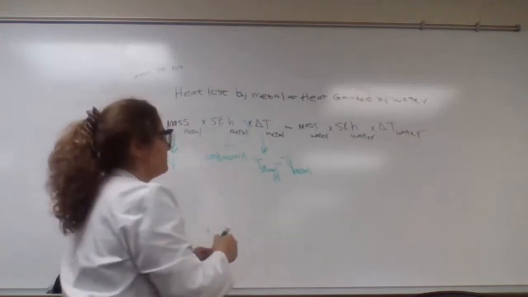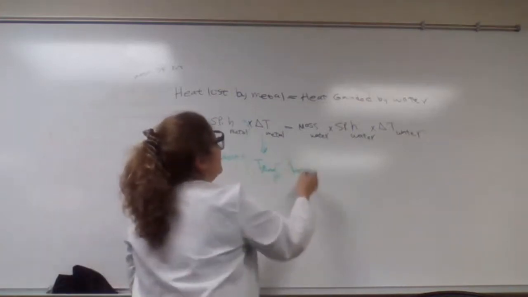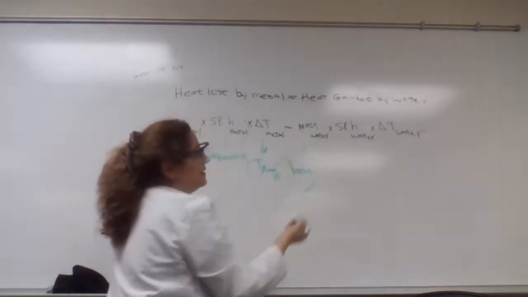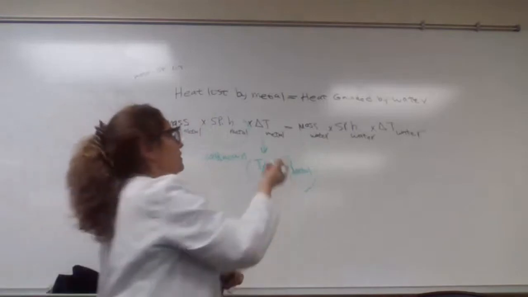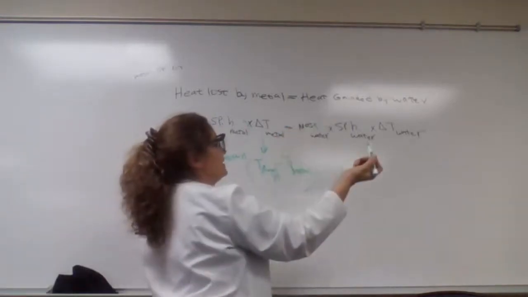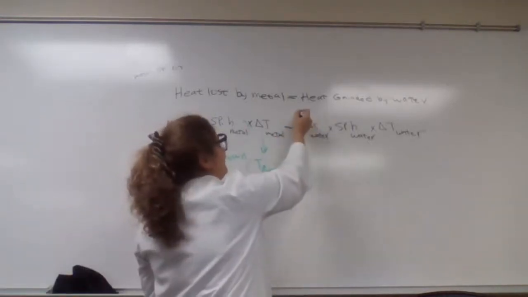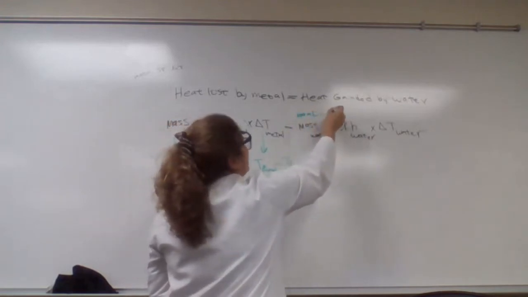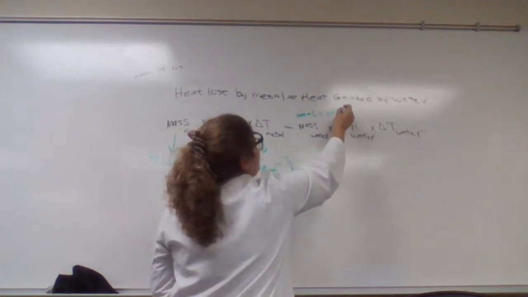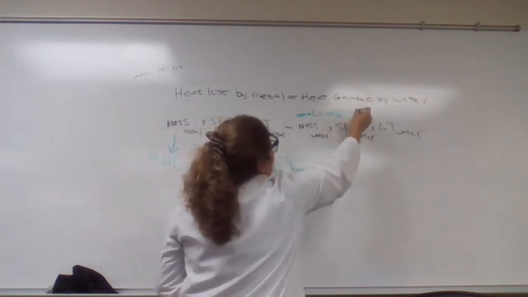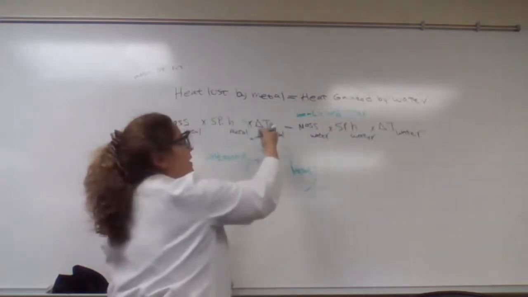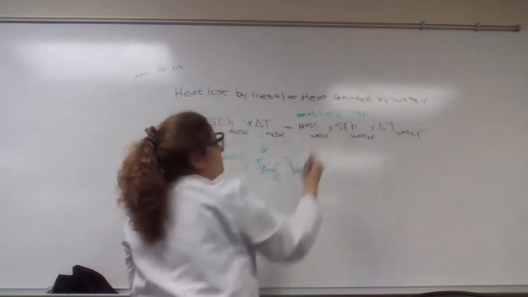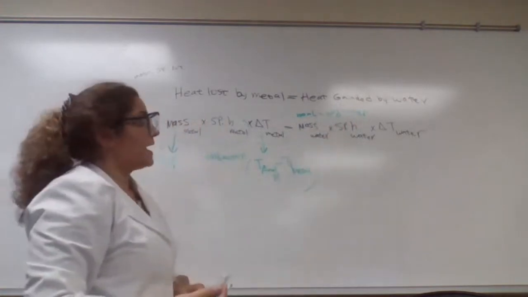So we find this for the metal. Mass for water: since we know the density, and we did use the density last class, if we use 100 milliliters of water, that is going to be 100 grams of water, right? Why does 100 milliliters equal 100 grams?